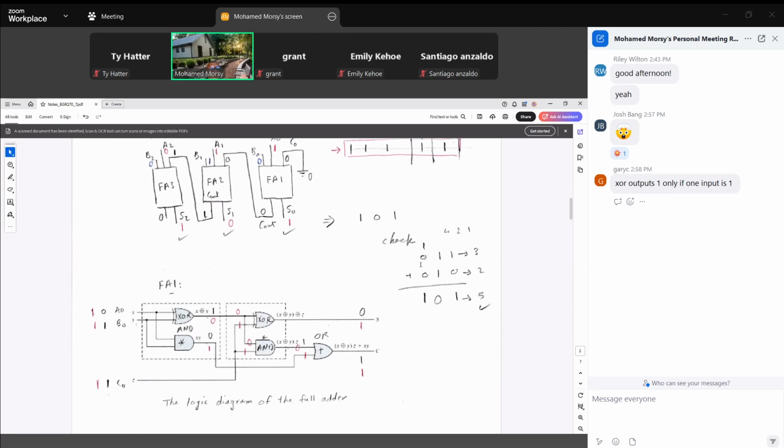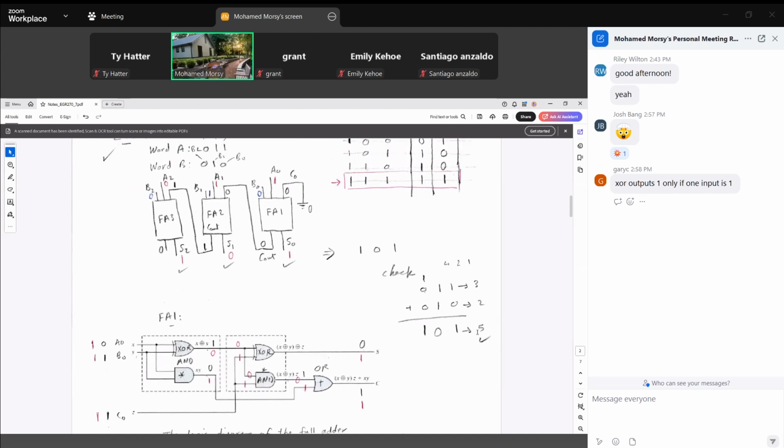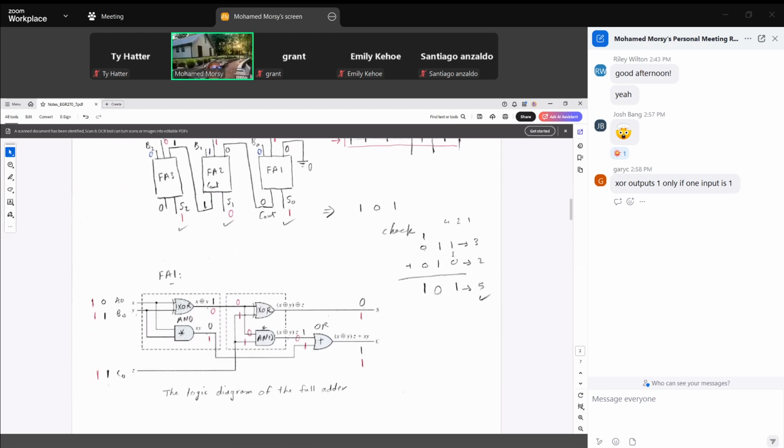Let us check analytically with our traditional binary addition. We have the two words, 1, 1, 0. The other one is 0, 1, 0. We add them up. 1 plus 0 is 1. 1 plus 1 is 0 with carry 1. We put carry 1 here. Then 0 plus 0 is 0, plus carry 1 is 1.